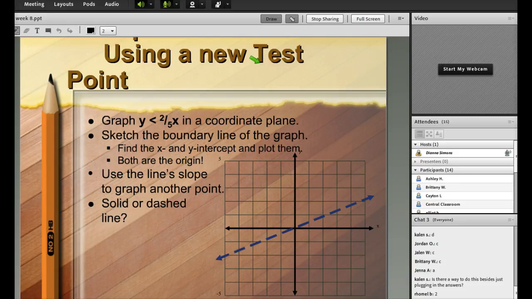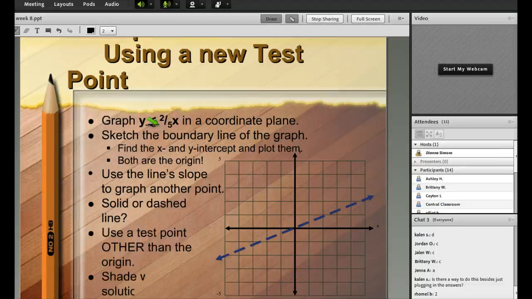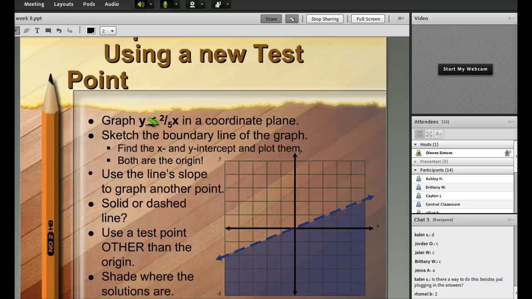No, it is not. So which side am I going to shade, above or below? Below. Two things you can see here. We did a test point, and the test point was above the line, but the other thing is you can see how it is in this y less than form. And remember what we said. Because of this, it means that we're going to shade below. Our test point worked for us.